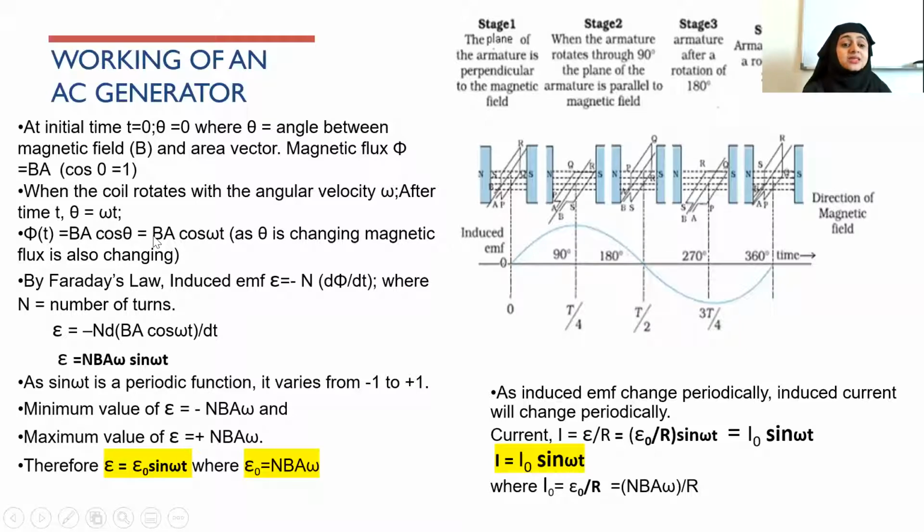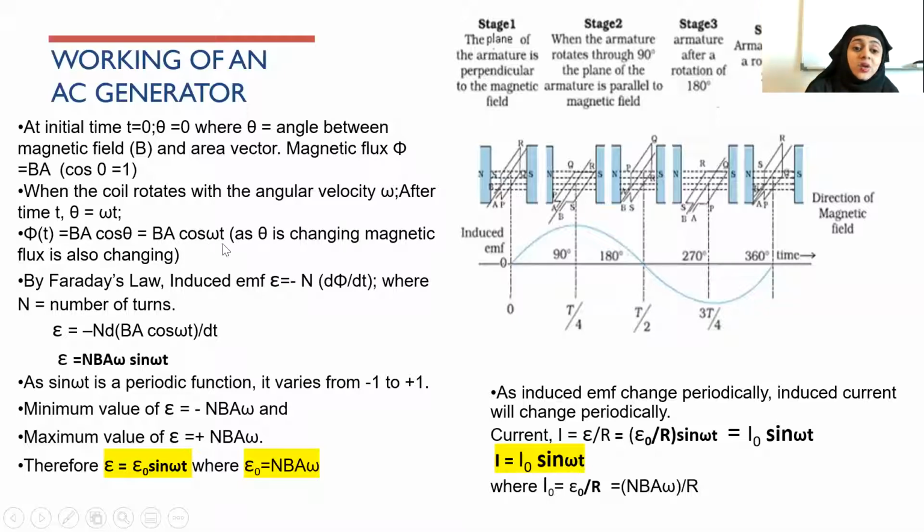So at any time, we can say that the magnetic flux is equal to BA cos omega t. Is this clear to you? How I wrote omega t instead of theta? Yes, teacher.